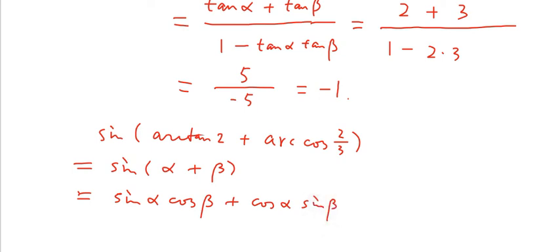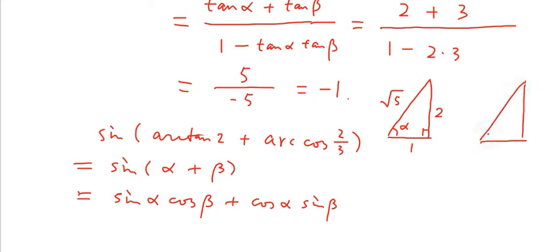Okay. So then we just need to find those values, right? So for this alpha and beta, what is alpha? I draw a large triangle. Alpha is arctangent 2. This alpha, the tangent is 2. So 2, 1, radical 5. And then beta is arccosine of 2 over 3.